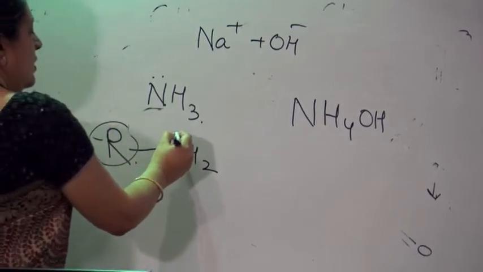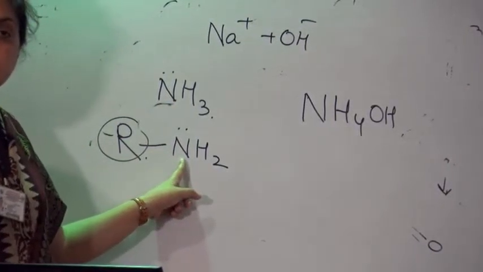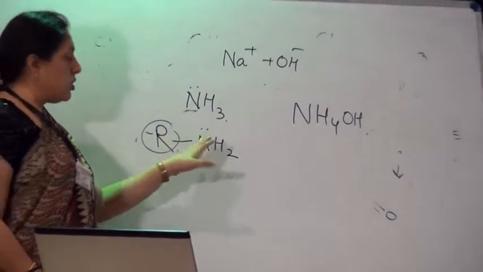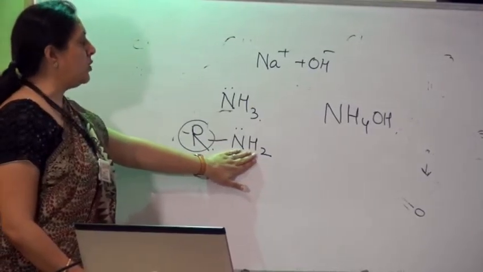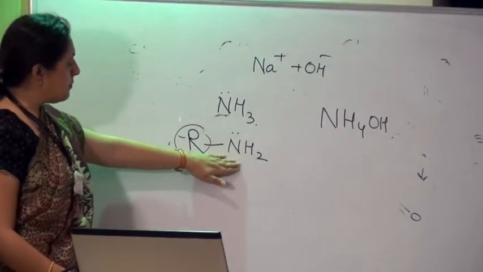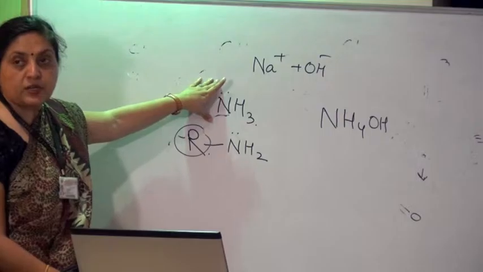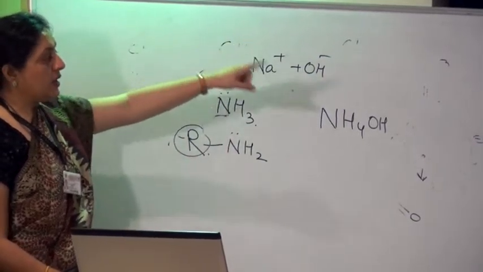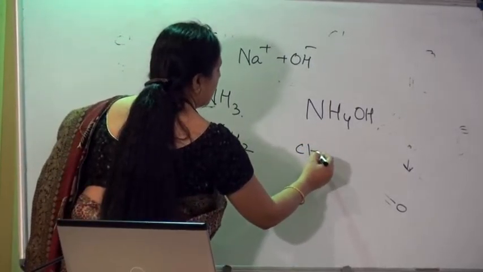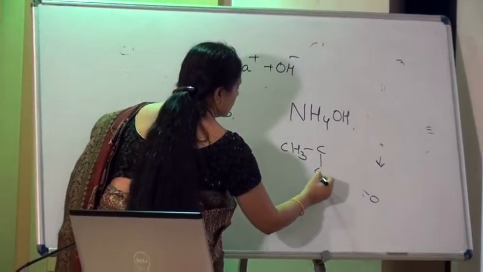Already you have a lone pair of electrons on this and you have another electron releasing group present here. So the basicity of this compound increases as compared to this. So this will be more basic than this one. Now in this case, we have taken 2 alkyl groups on nitrogen.